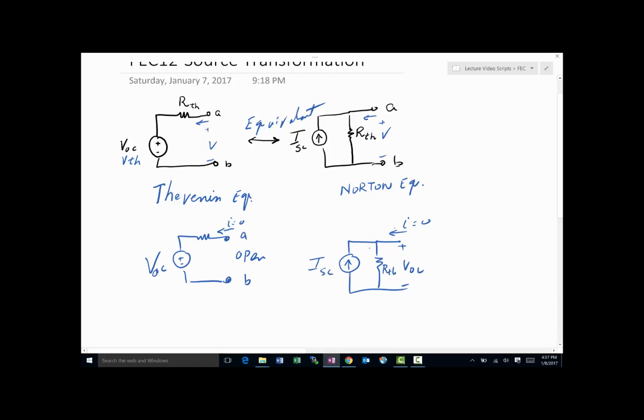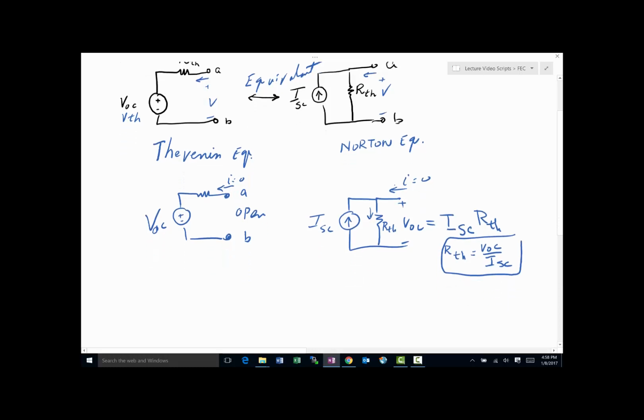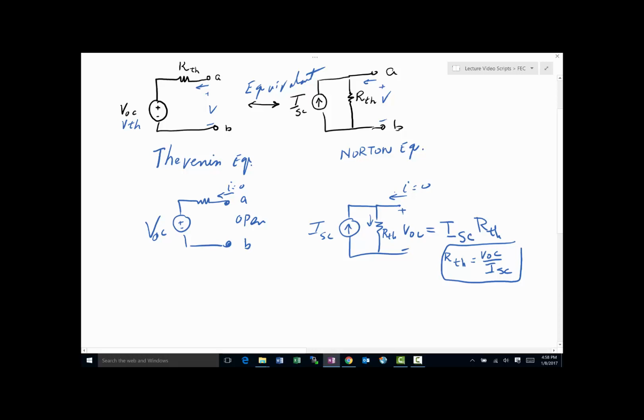If this current is coming up here and there's nothing going here, based on Kirchhoff's law, the current down here also has to be I short circuit. Therefore, for this to be true, V open circuit has to be I short circuit times R Thevenin. Another way of thinking about this is that R Thevenin ought to be equal to V open circuit over I short circuit in order for this to be true. And that's the only thing. If this is true, then these two are equivalent to each other.